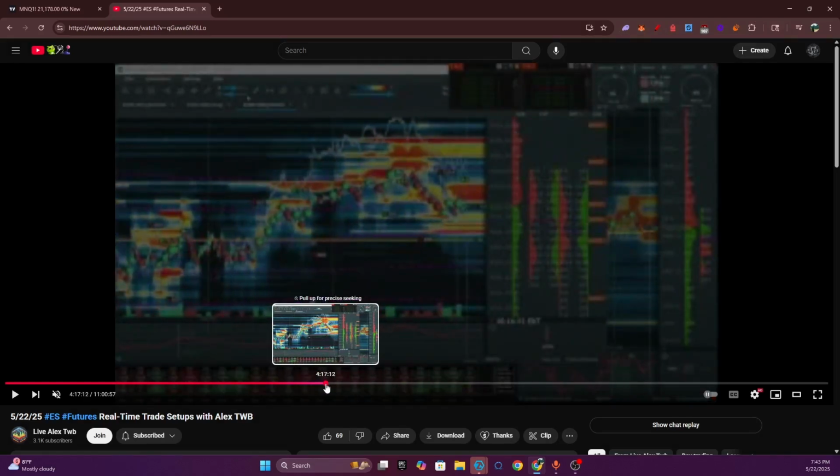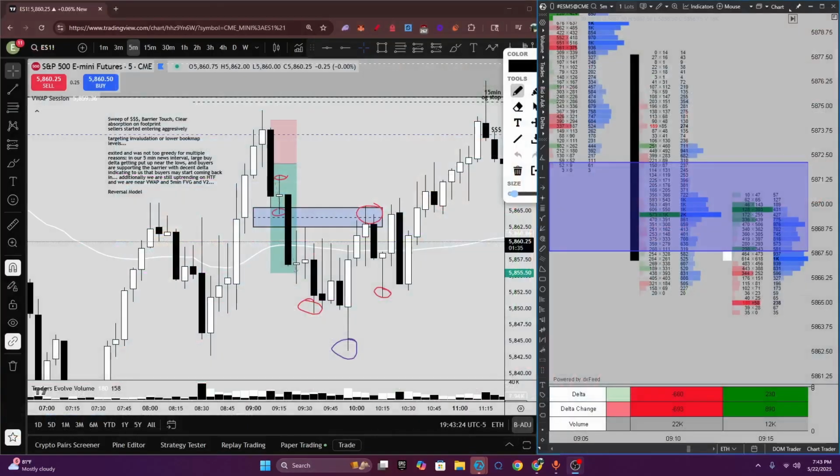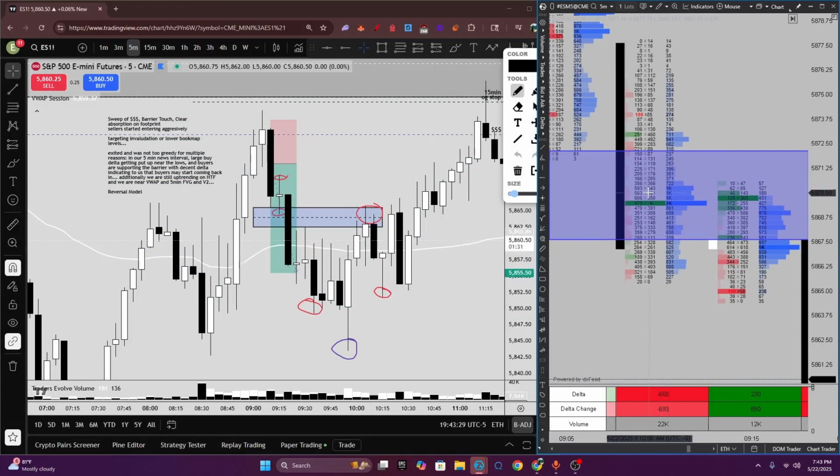Now, once it had broken, look what happened here. A big seller supporting barrier introduced itself, and you see a large volume of buyers entering near those highs, and that is demonstrated by delta here and here. You see a large amount of buying volume coming in here.